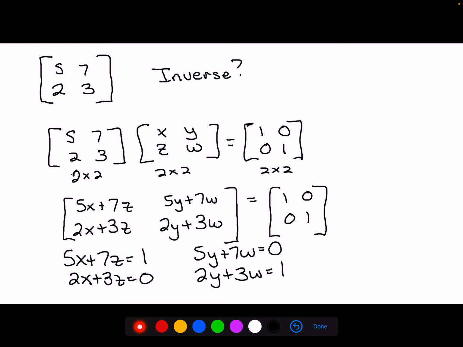So we've got to solve that. We now have a system, actually two systems, of equations to solve. One system to solve for x and z, another system to solve for y and w.